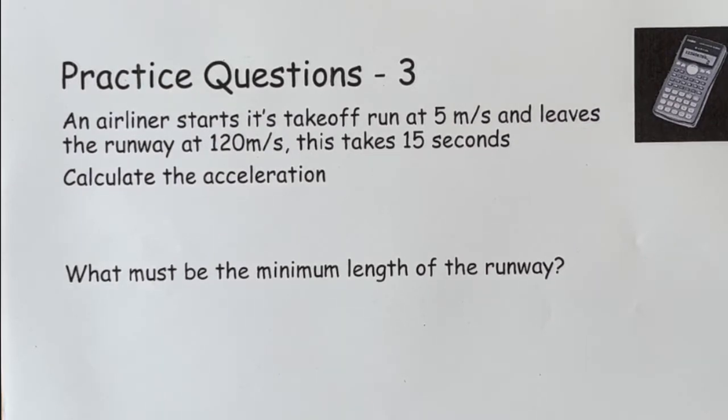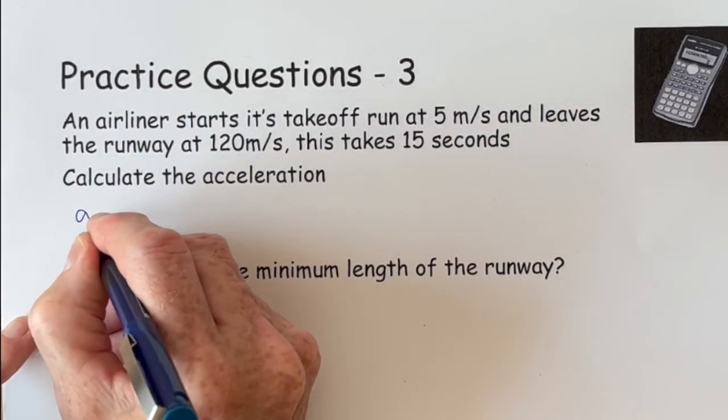Okay, for practice question 3, an airliner starts its takeoff run at 5 meters per second and leaves the runway at 120 meters per second. This takes 15 seconds. Calculate the acceleration. So acceleration is change in velocity over time. So I'll put that in here.